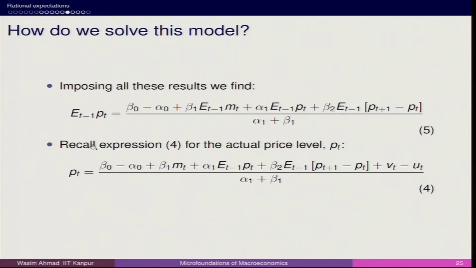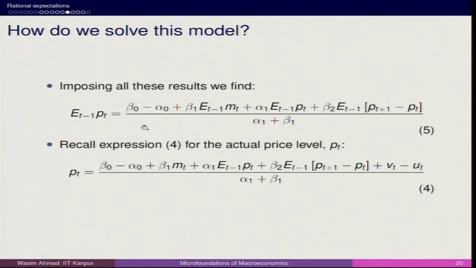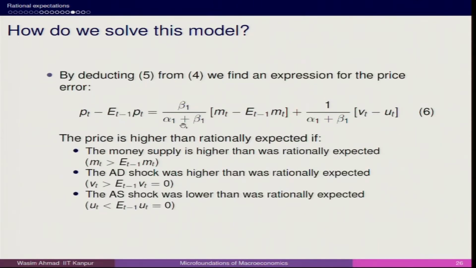If I subtract this from it, P_t minus E_{t-1} P_t, then I have this expression, which is nothing but beta upon alpha 1 plus beta 1 times (M_t minus E_{t-1} M_t), plus 1 upon alpha 1 plus beta 1 times the error term difference.